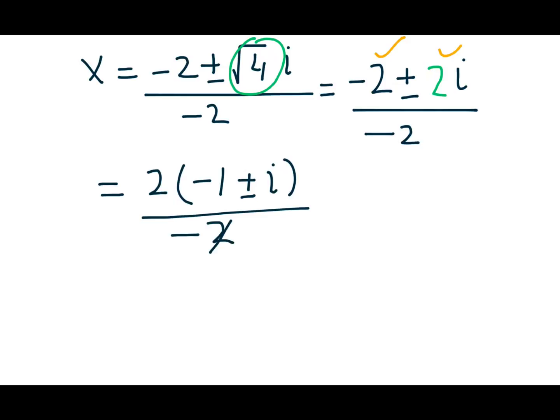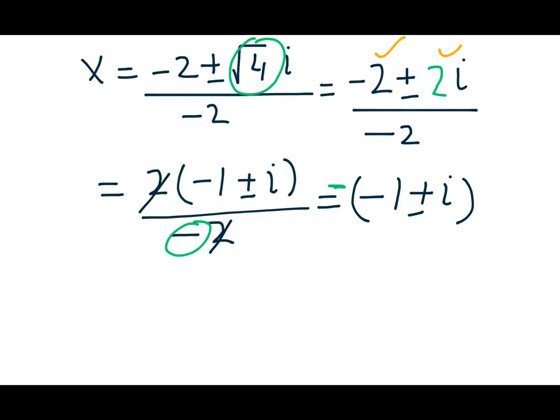Now this 2 and this 2 cancel out, so we are left with minus 1 plus or minus i, and then there is one more minus, this one, outside the parentheses.